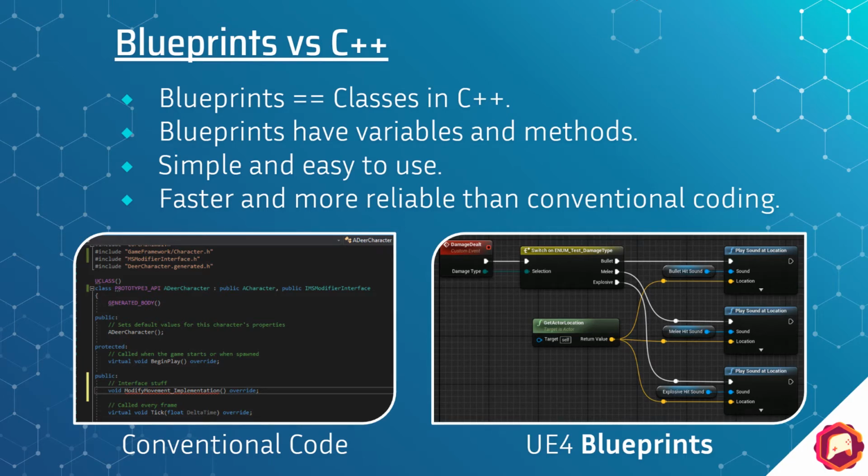Now we are about to create a class in the Unreal Engine, but before we do that, we're going to discuss UE4's blueprints. Blueprints refers to classes in the Unreal Engine, and in order to make an apple object, we'll need to create its blueprint. In that blueprint, we will be specifying the variables and implementing the methods. UE4's visual scripting allows for easier readability and usability when creating these classes compared to conventional coding.